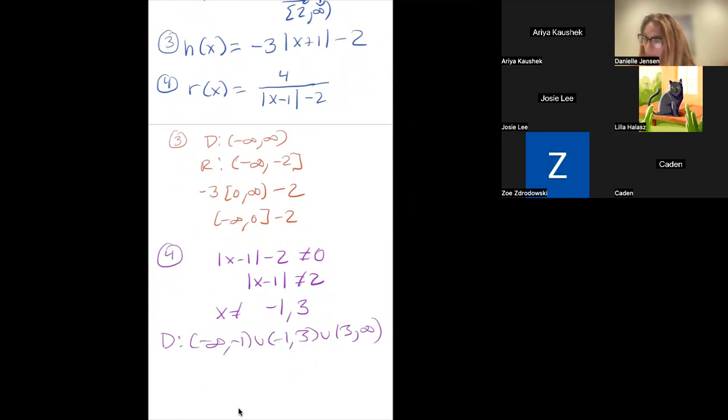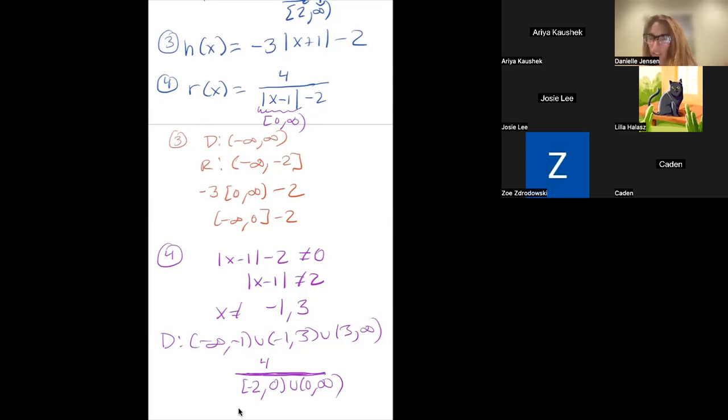Okay, so then that brings me to the range. When I think of coming out of an absolute value, the smallest is 0, and then it can be huge. And then I'm going to subtract 2 from that. So for the 4 over, I'm going to have negative 2 to infinity, but because it's in the denominator, what can't I divide by? 0. Right. So the range of the denominator, again, is negative 2 to infinity, but I can't divide by 0.